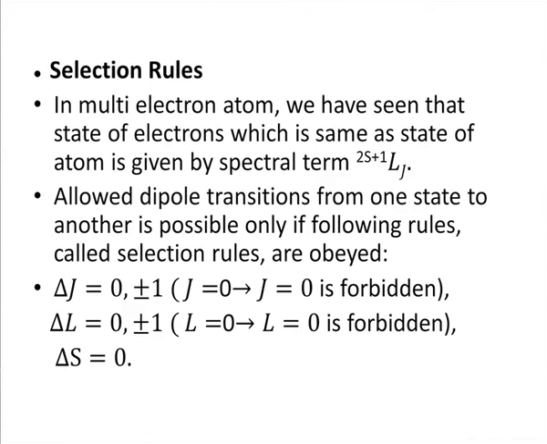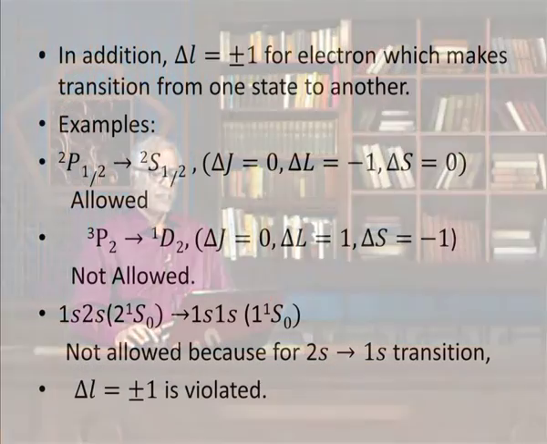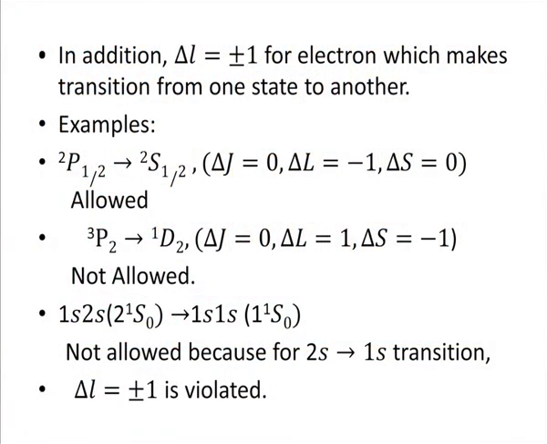And delta S is equal to 0. That means, the two states connected by dipole transition should have the same S value. In addition, delta L is equal to plus minus 1 for the electron which makes a transition from one state to another. Now, consider some examples.